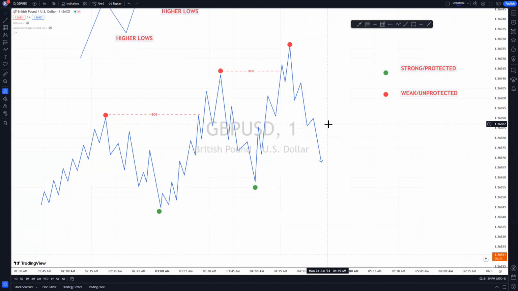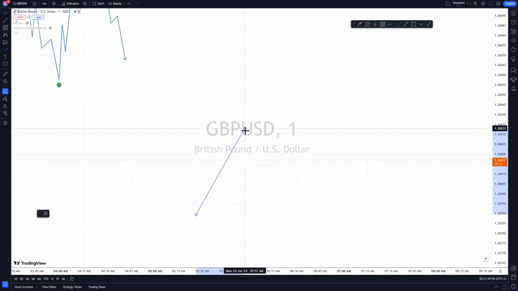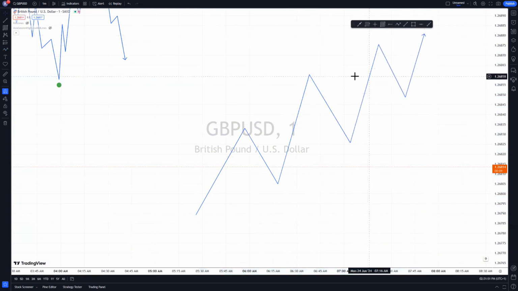This basically means that in an uptrend, expect the highs to be taken out. Expect the highs to be broken, because if the market is trending upwards, this high will definitely be broken. So the highs are weak and the highs are always the targets.